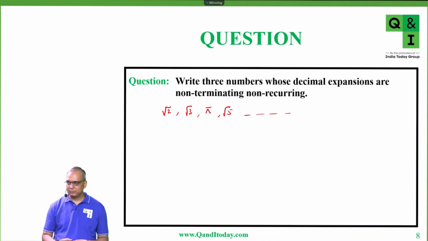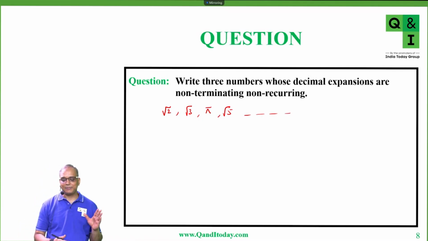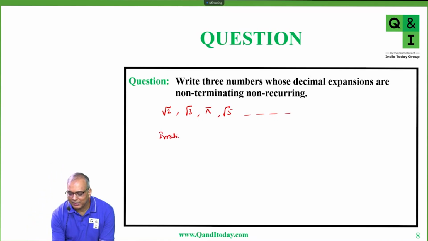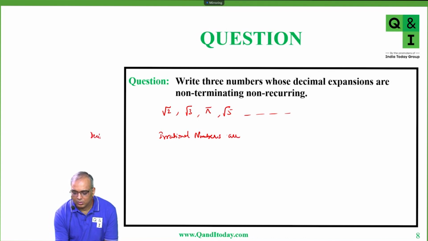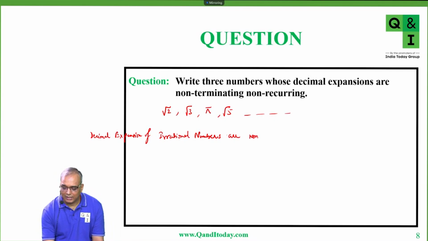Sir, can you repeat? The question was, write 3 numbers whose decimal expansion are non-terminating and non-recurring. We know that the decimal expansion of irrational numbers is non-terminating and non-recurring.